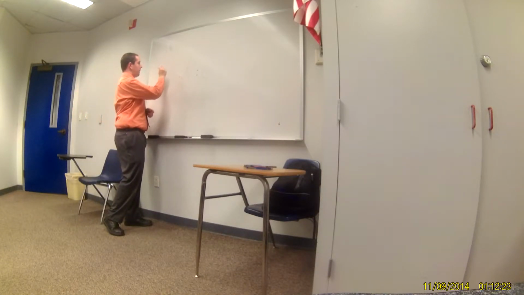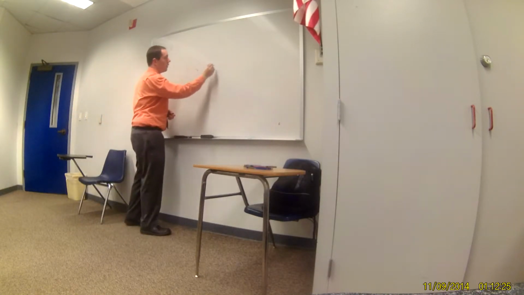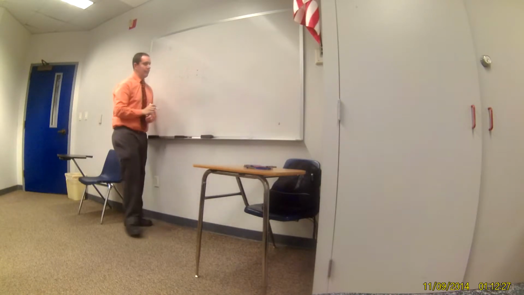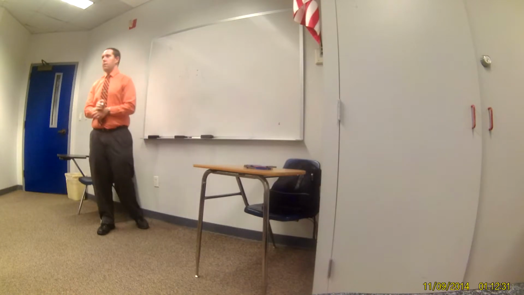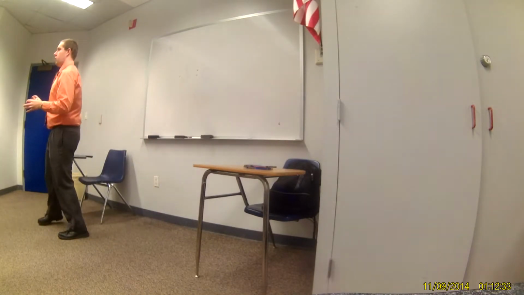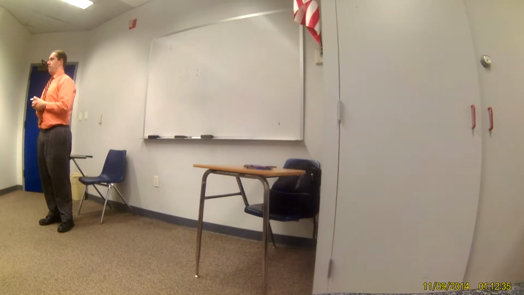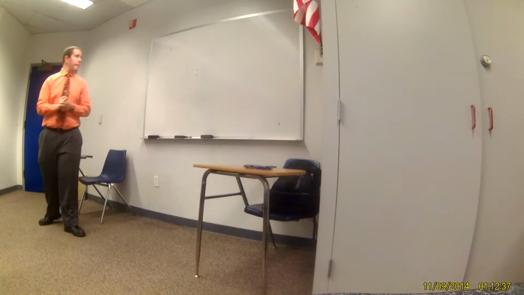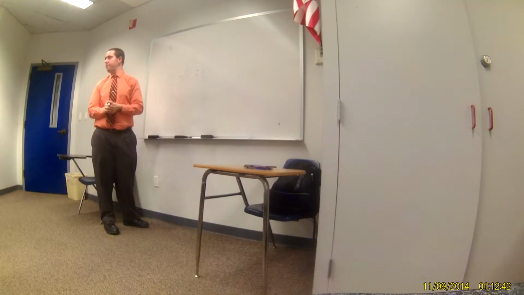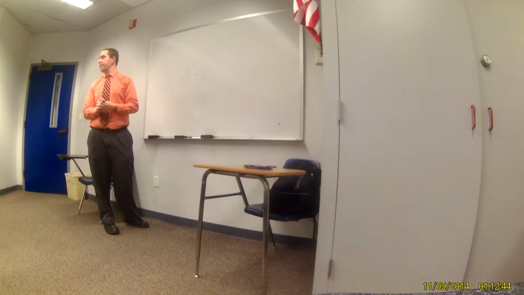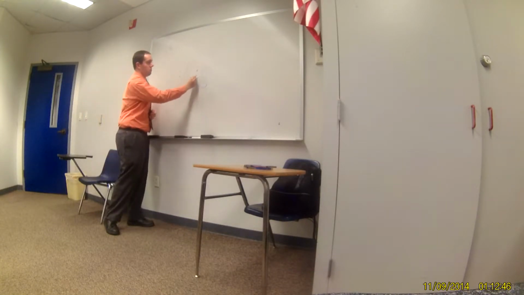So that's 4, 5, 6, 7, 8, 9, 10, 11, 12, 13, 14, 15, 16. Then you have a lone pair on the end. 17, 18. Is that finished? No. Nitrogen's only got 6. So what do you want to do? Double bond. Let's make a double bond.